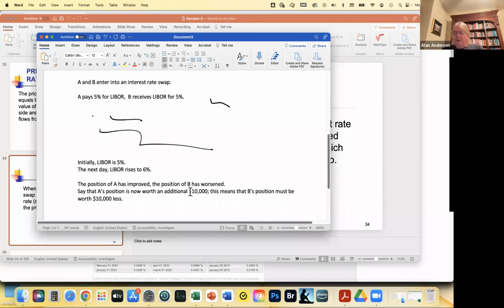Like with forward contracts, this is a legally binding agreement. But if the two counterparties get together and say, listen, let's just call a halt to this thing, it can be done. But the side that has the positive value would expect to be paid by the side that has the negative value in order to call the whole thing off.